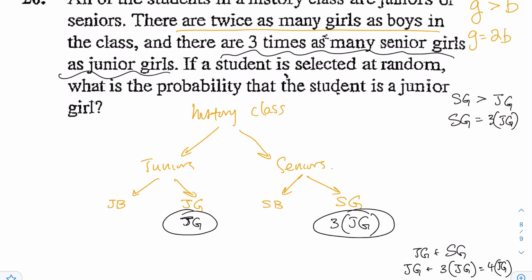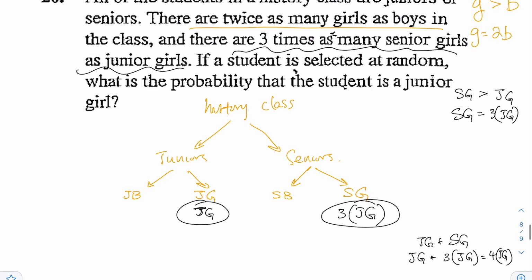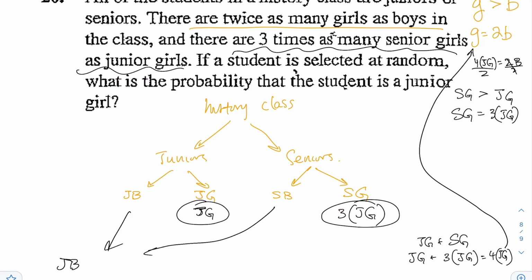You can also just replace junior girls with X, but there's 4X or 4 JG girls. And now we can substitute this back in to figure out the number of boys. So 4 times junior girls is equal to 2 times the boys. And if you divide both sides by 2, you know that the number of boys, which is JB plus SB, is equal to 2 times JG, because 4 divided by 2 is 2.